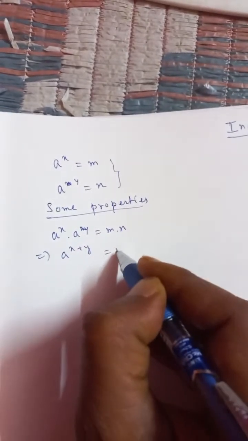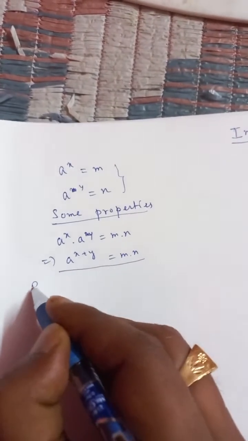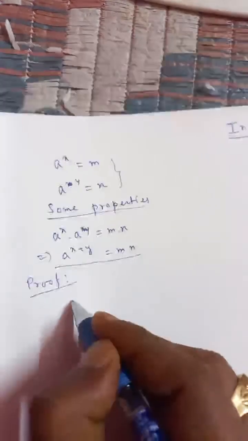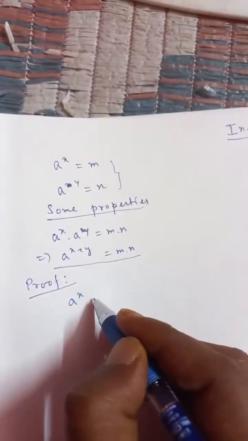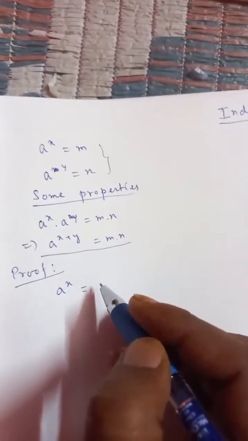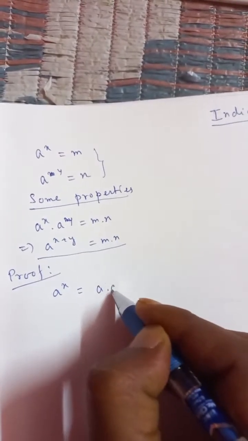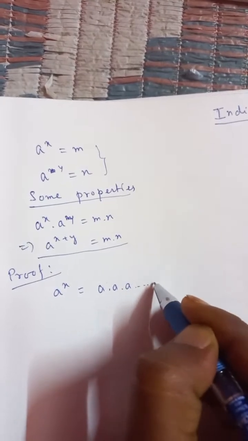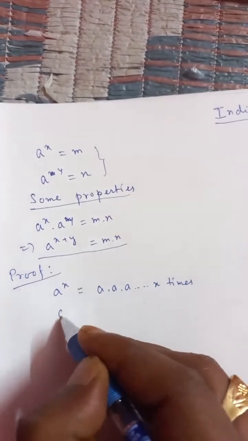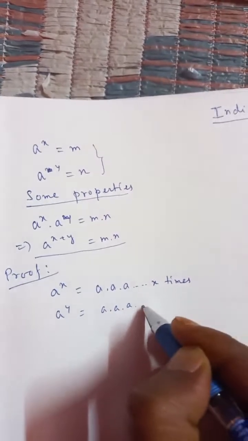So how can we prove this? a to the power x means a multiplied a up to x times, and a to the power y means a multiplied a up to y times.